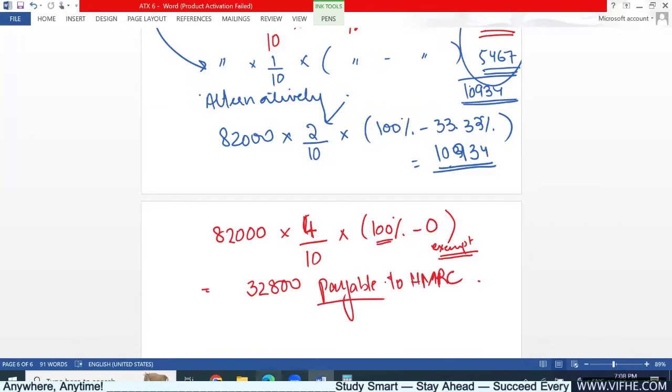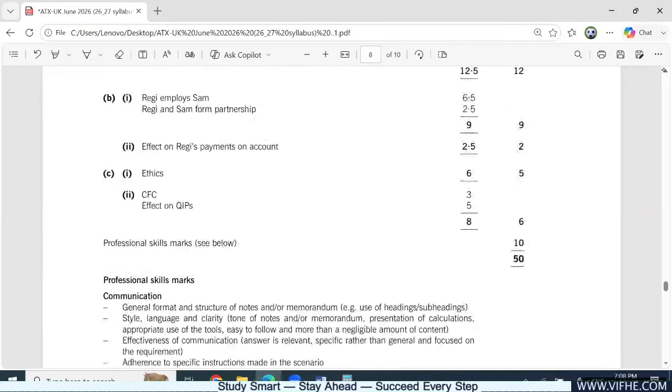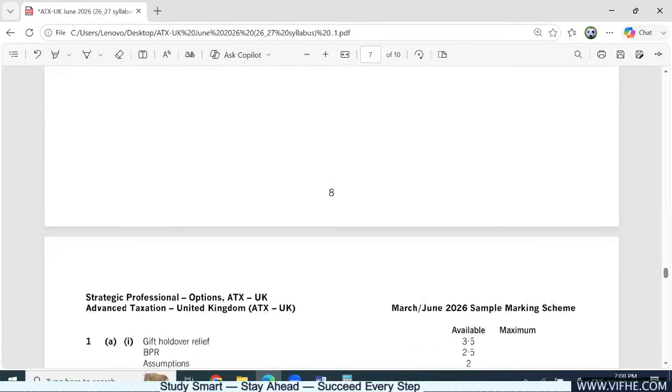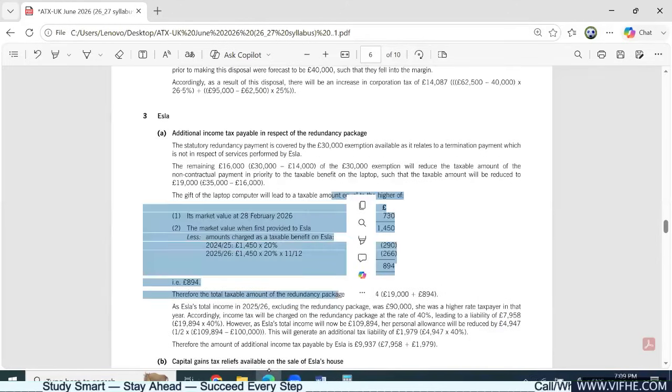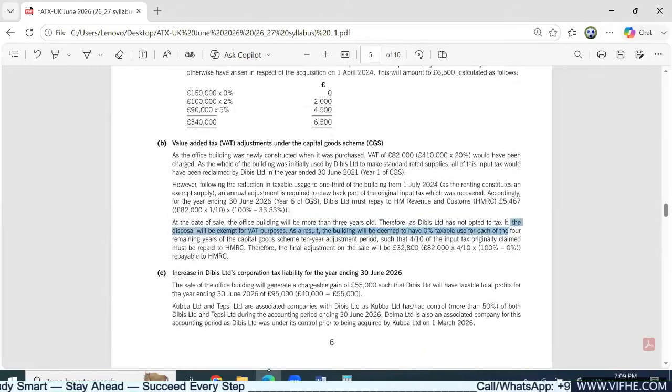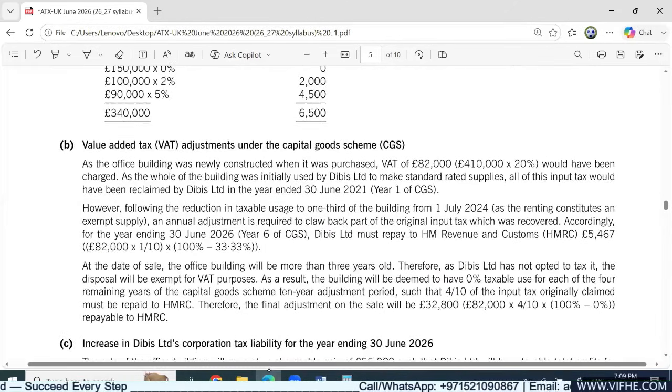Let me just show you the standard solution. There you go. Just read it out.